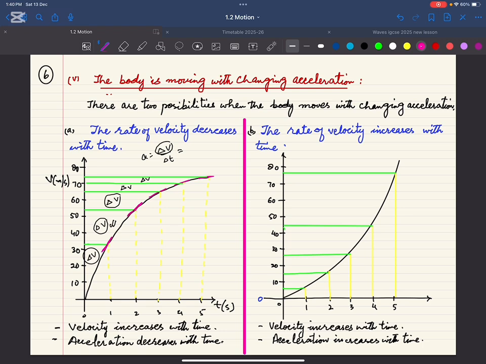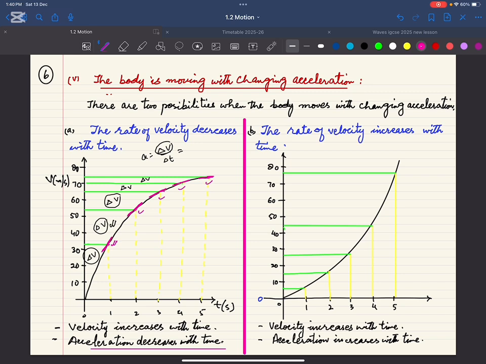When you draw the tangent, you get the acceleration, and you can see that the slope over here is the greatest, and the slope is decreasing. So acceleration decreases. This is very important: the velocity increases, but the rate of increase of velocity decreases. So simply you can say that the acceleration decreases with time.